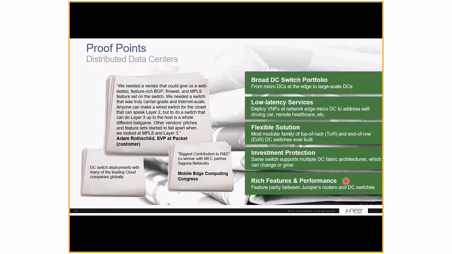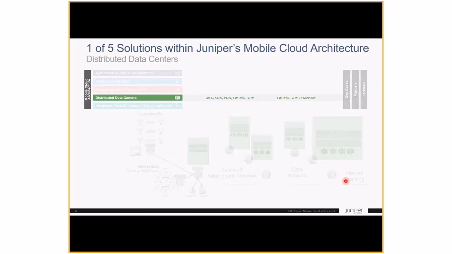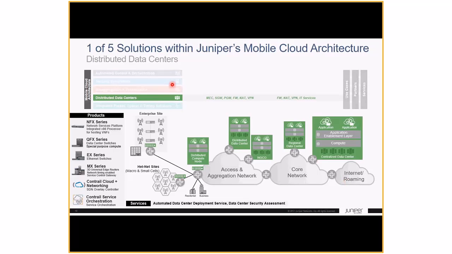So this was one of our 5 solutions, and it was called Distributed Data Centers. From our mobile cloud architecture, the 5 solutions, I'll talk about it on the next slide, but specifically what I wanted to talk about here was mobile edge computing, or multi-access edge computing, the S gateways and P gateways, along with the security gateways, which are firewall, NAT, and VPN types of services, and the virtual infrastructure that we can build to distribute the data center.